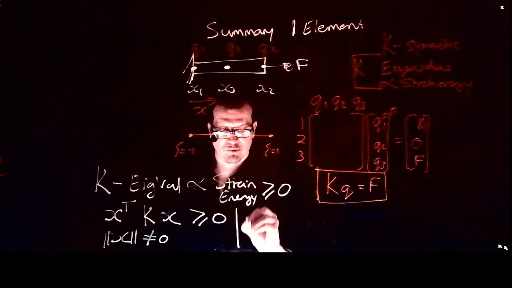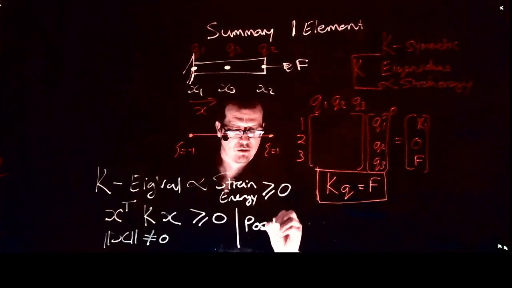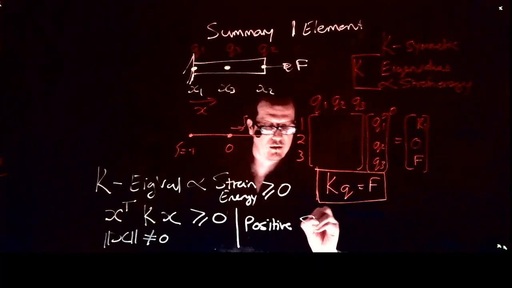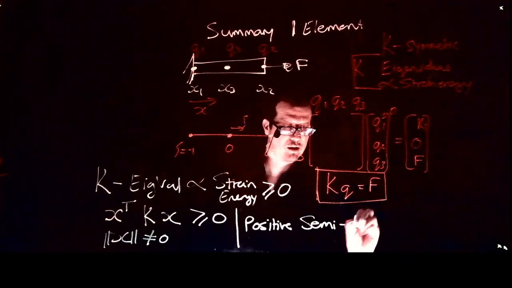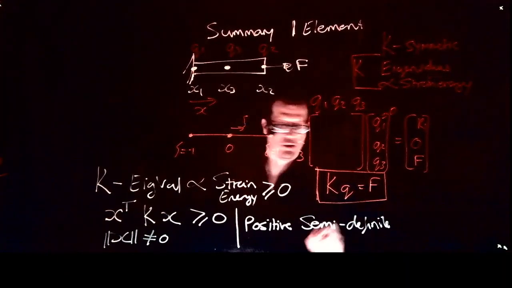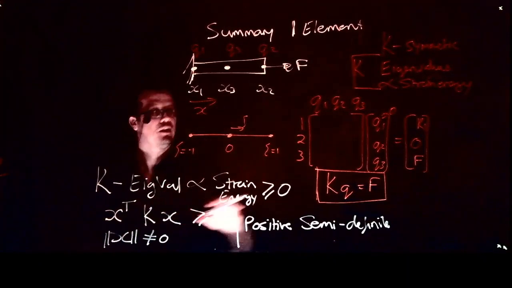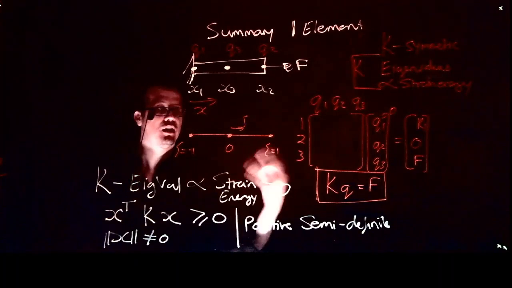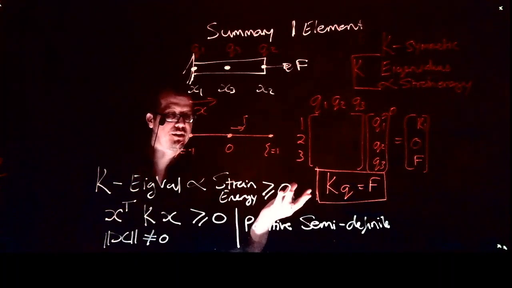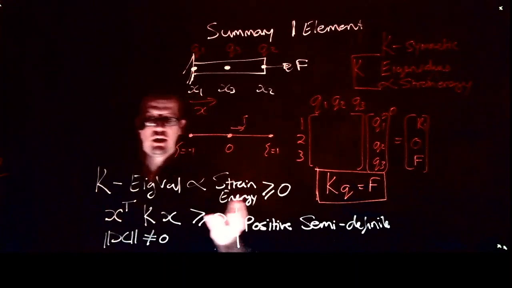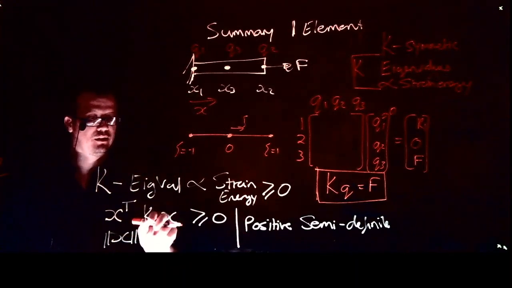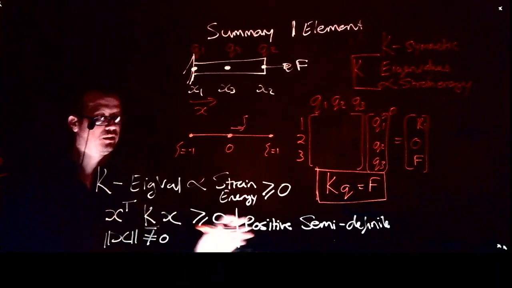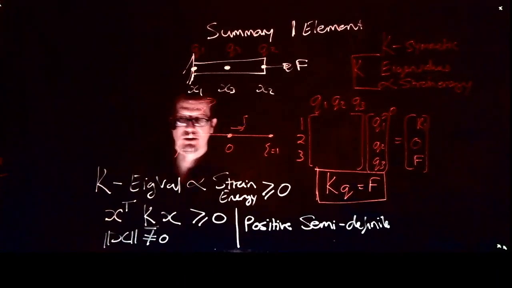So it's positive semi-definite. This is another property of the K, which is just really interpreting this as a strain energy and saying, if that's the case, it must always be non-negative. We can't have negative energy, otherwise we generate energy with the structure. And so the implication is that this K matrix should always be a positive semi-definite matrix. This is just another way of saying this to make sure. That's part of the properties of what we have with K.